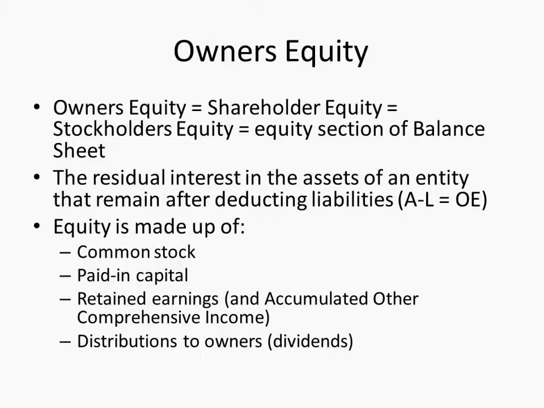Dividends are giving out some of that retained earnings. You make a distribution based on the net income. So where does that come out of? It's all part of this section. Whereas other things like net income increase the equity section, distributions to owners decrease it. That's for a corporation.